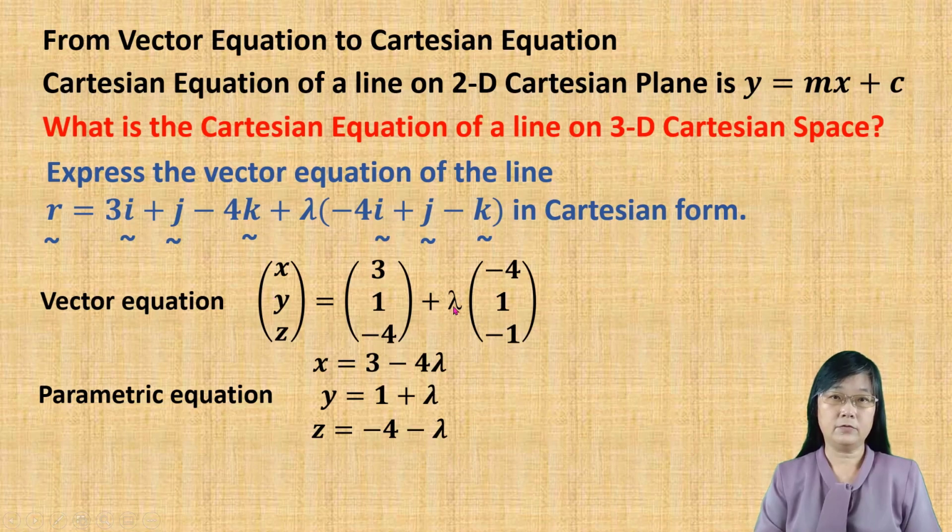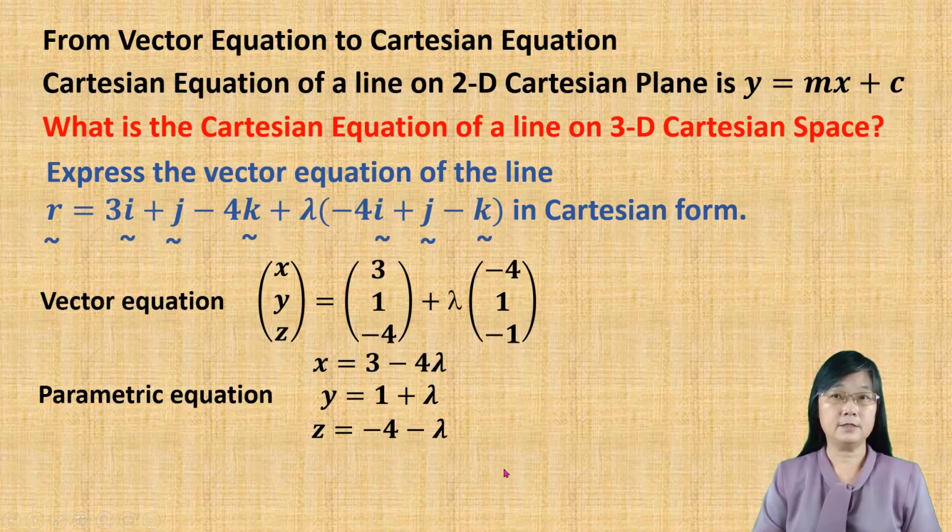Then from the second row, we get y equals 1 plus lambda. Then from the third row, we get z equals negative 4 minus lambda. After that, this is what we call the parametric equation of the straight line.